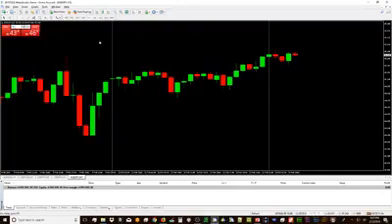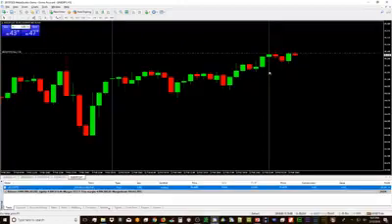If you think it's going to go up, then you will hit buy, and immediately it has placed a trade order for us. The trade order is set at 85.469, and I'm down here in the terminal. Current price is 85.447.